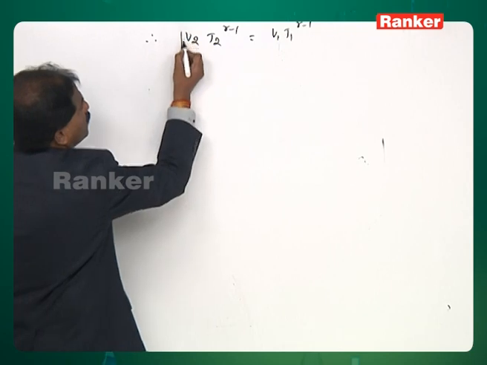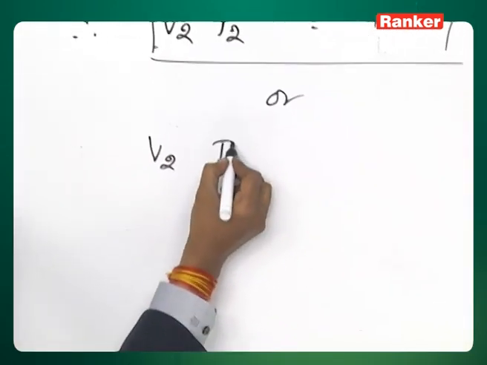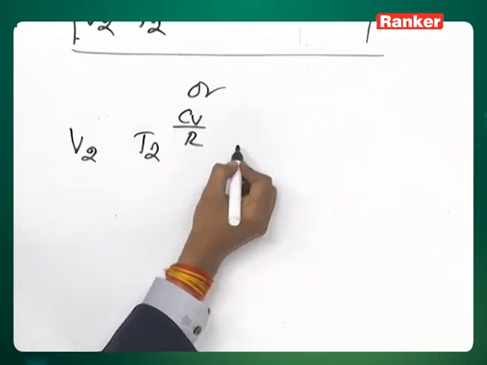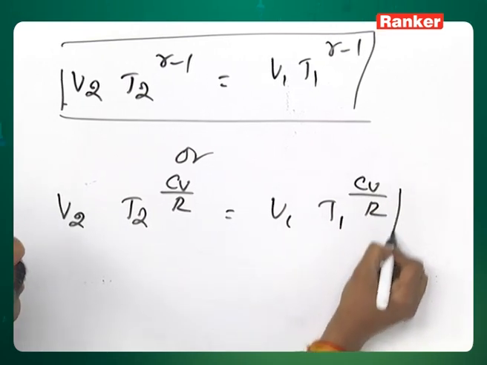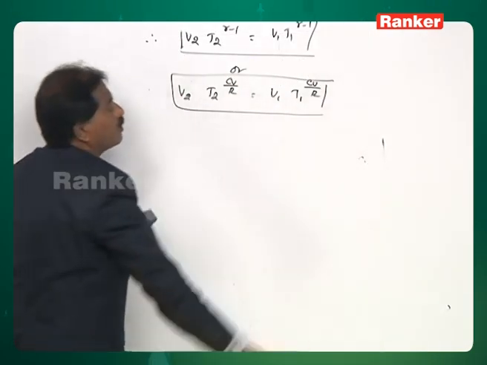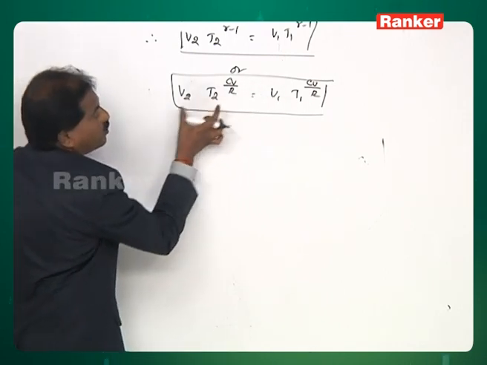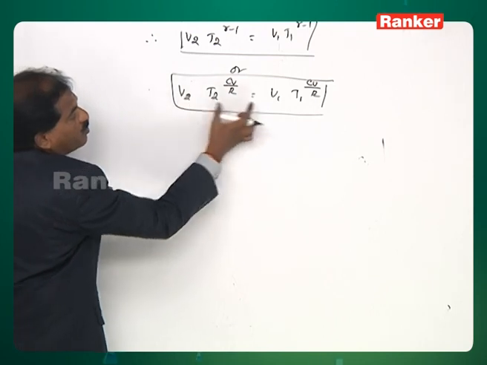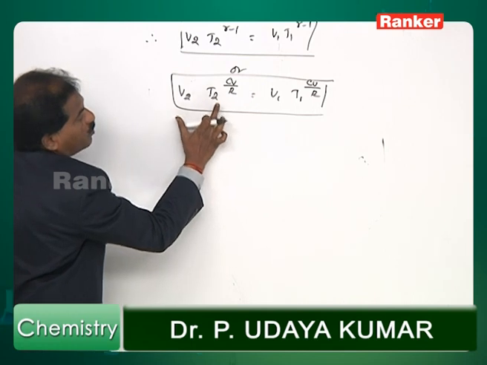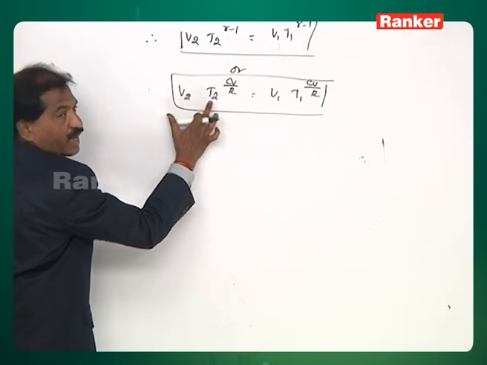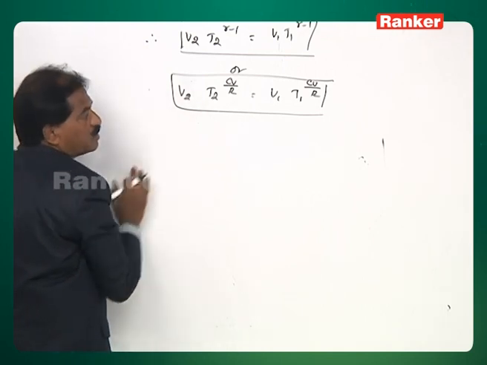So, either by using this relation or using this relation T2 Cv by R, we can calculate the temperature changes if you know the volume changes, or we can calculate the volume changes if we know the temperature changes. But this relation is applicable only for adiabatic reversible expansion. It is not applicable for any adiabatic irreversible process.